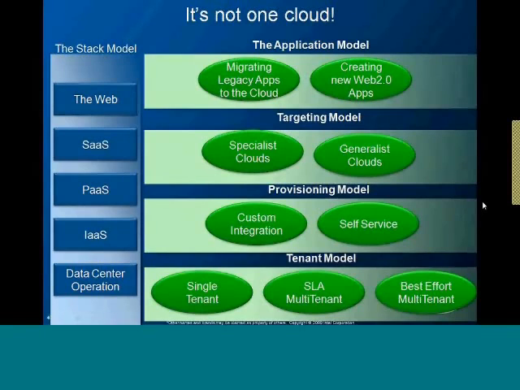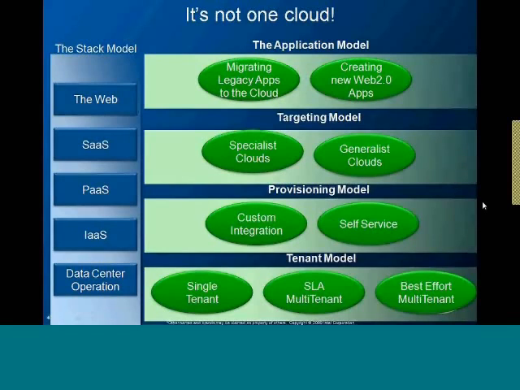The SaaS layer and the PaaS layer target both provisioning as well as targeting of the applications, but not only in terms of specialist clouds, but also in terms of generalist clouds. Clouds that focus on particular verticals or particular functions, while generalist clouds are focused on providing generalized services to multiple users or to multiple types of applications.